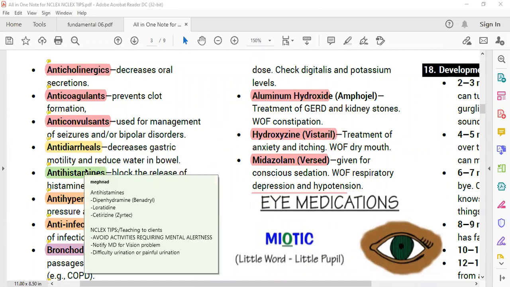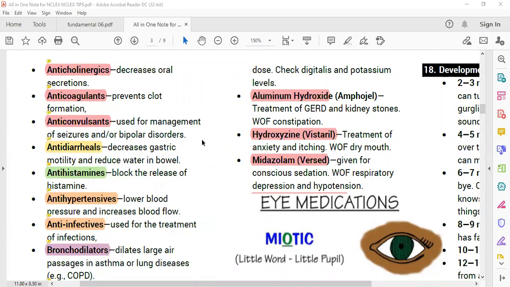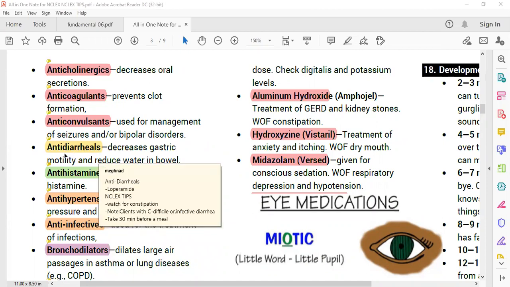Anti-diarrheal. This group of drugs decreases gastric motility and reduces the water in the bowel. The most common medication we use is loperamide, right?